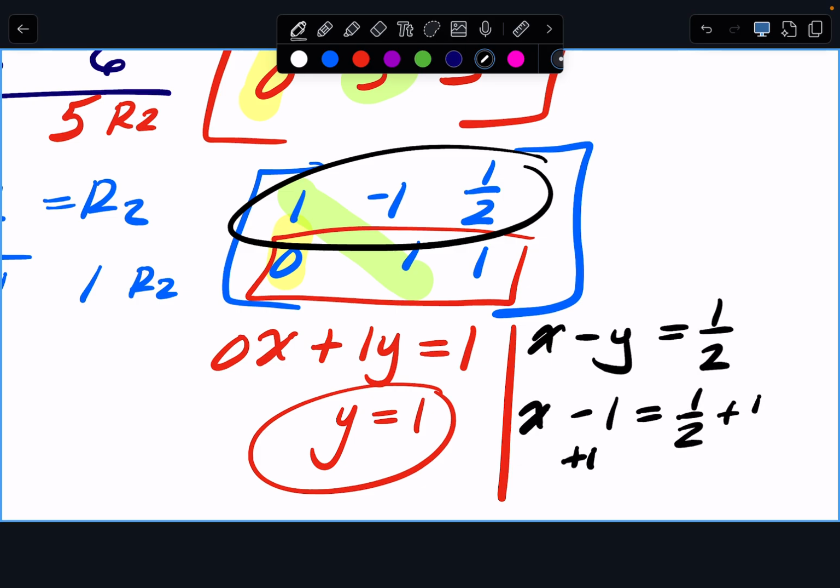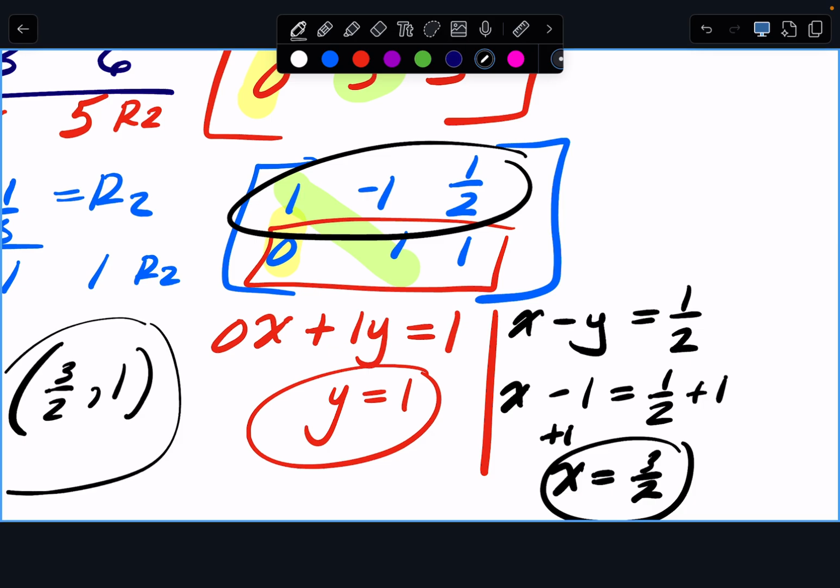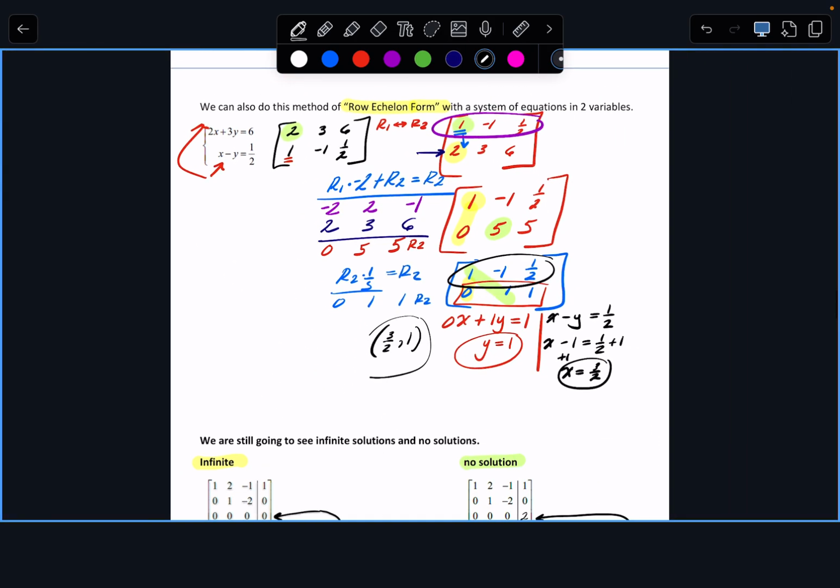We're adding 1. x equals 3/2. So we have one independent intersection point. I know it's linear. I know it's 2 lines because it's now back to 2-dimensional math, because it's just x and y. 3/2, 1. Cool. Good stuff.